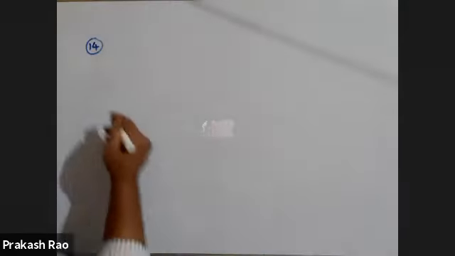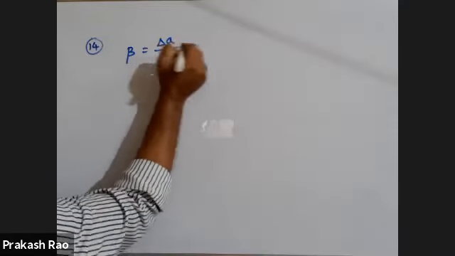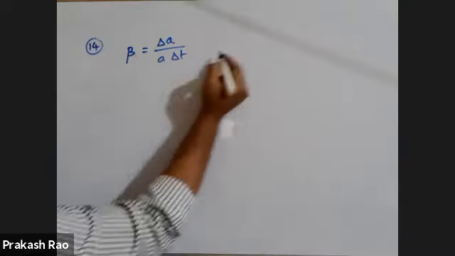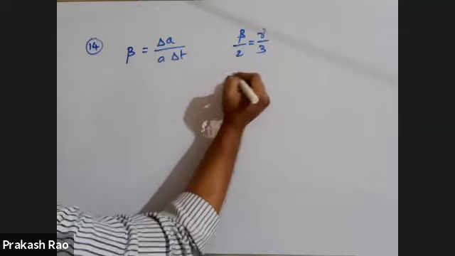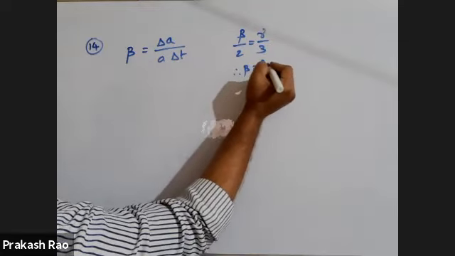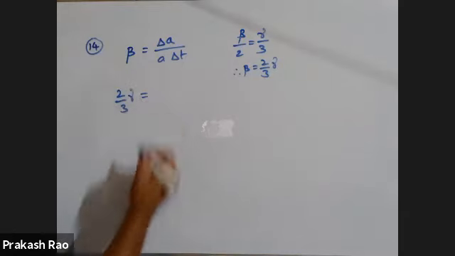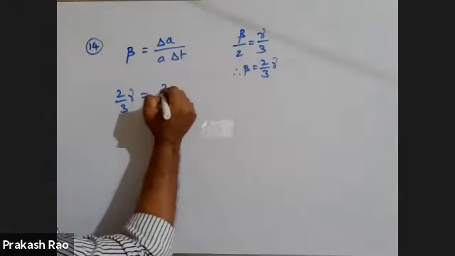The data is given for beta and he is asking the value of gamma. You know that beta is equal to delta A by A into delta T. But beta by 2 is nothing but gamma by 3. Beta by 2 is equal to gamma by 3. Therefore, beta is equal to 2 by 3 gamma. 2 by 3 gamma is equal to, change in area is given 2.4 into 10 power minus 4.